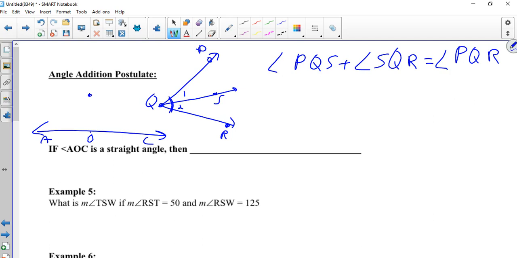And we'll put a B right here. Then angle AOB plus angle BOC adds up to 180 degrees, because we know a straight angle is 180 degrees.